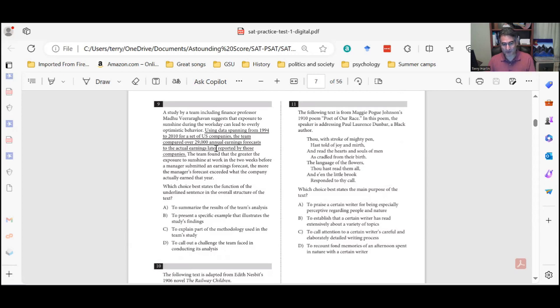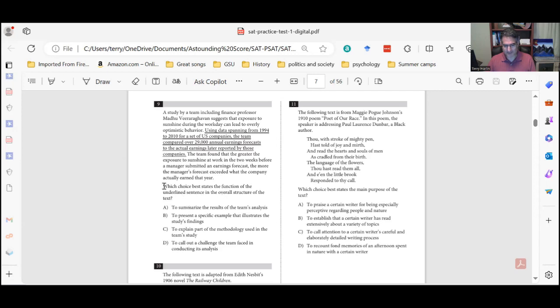To the actual earnings later reported by these companies. Okay, so they grabbed data from about a 17-year period and compared the forecast to the actual earnings of companies. Okay, again, that's all I want to read.